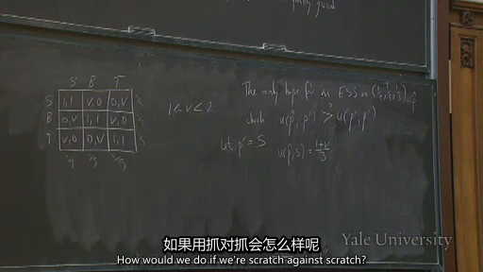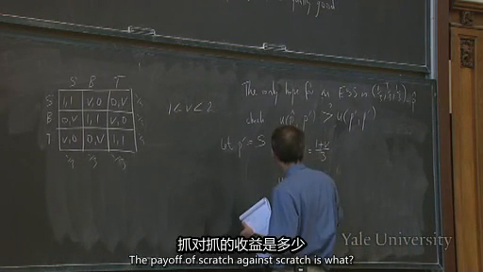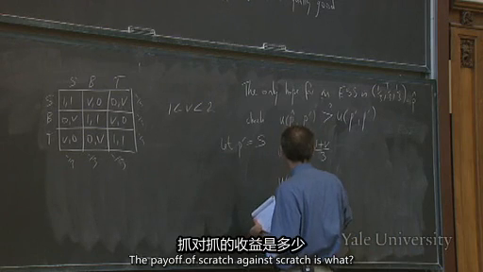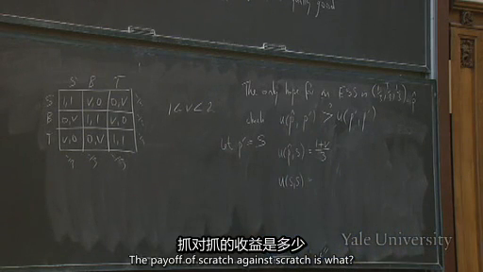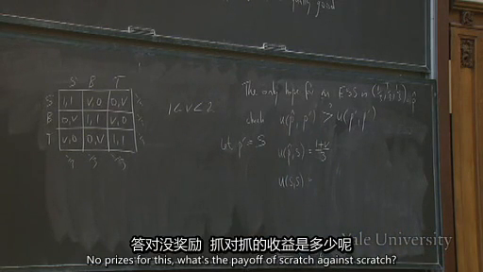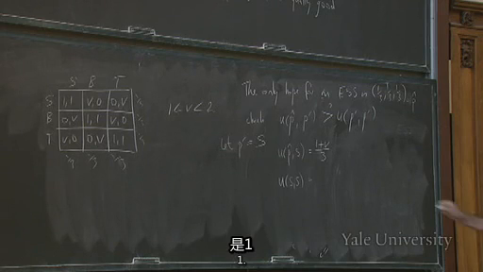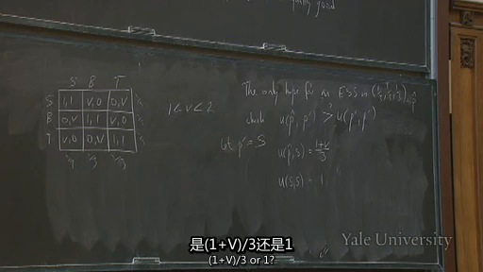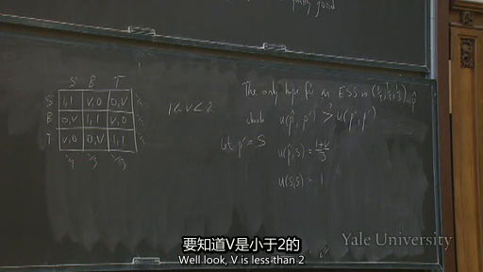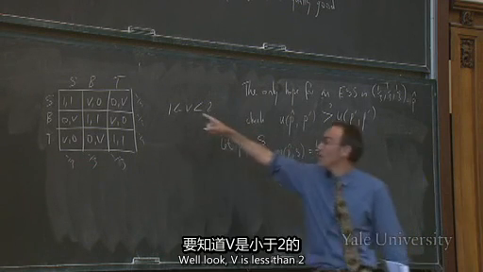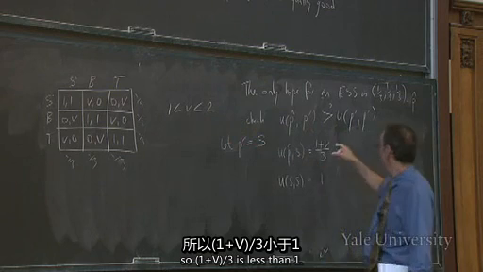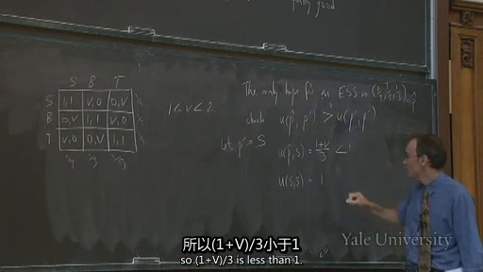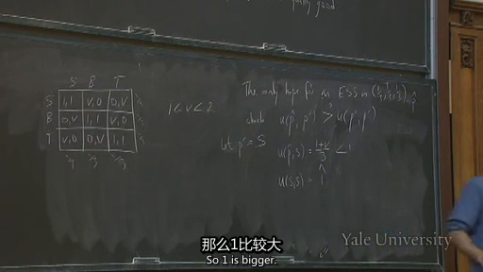How do we do if we're scratch against scratch? The payoff of scratch against scratch is 1. Which is bigger, 1 plus V on 3 or 1? Well, V is less than 2, so 1 plus V on 3 is less than 1, so 1 is bigger.